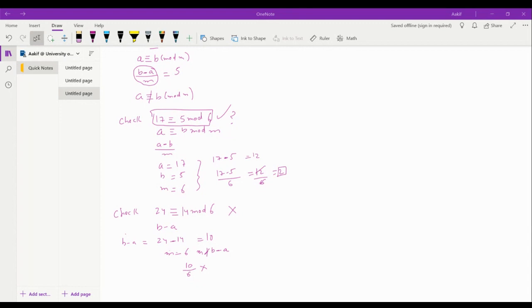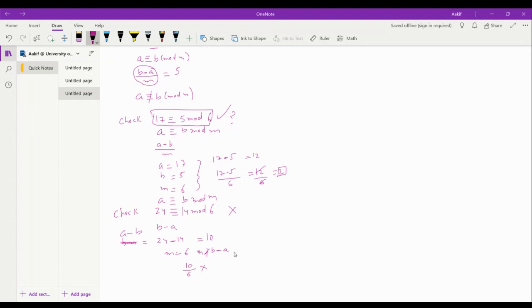No, sorry, it's actually, thanks for correcting me. It's A minus B, because if you look at the relation, it's of the form A is congruent to B mod M. So we are checking here 24 minus 14. So this clearly is A minus B. So thanks for correcting me.